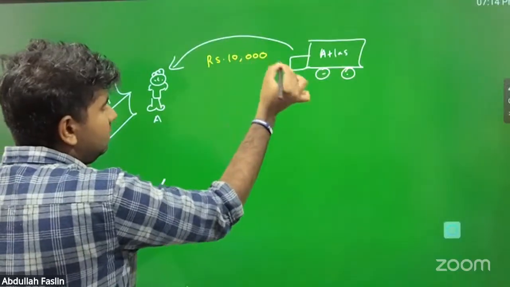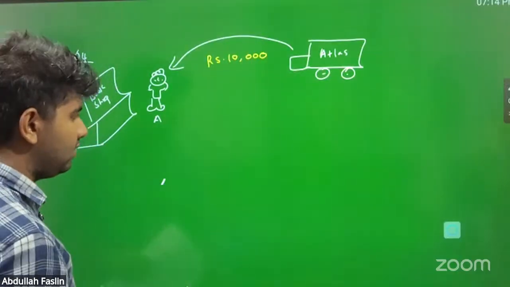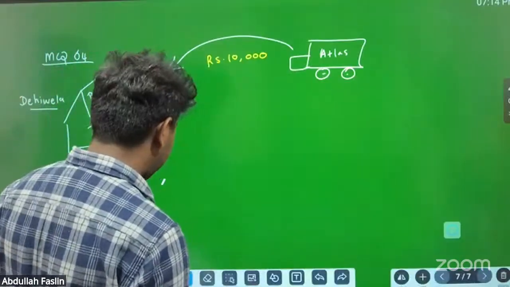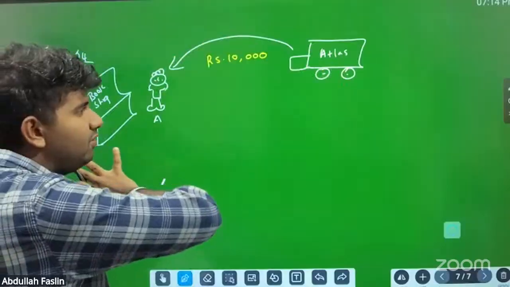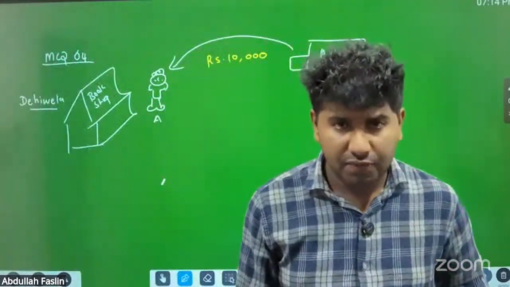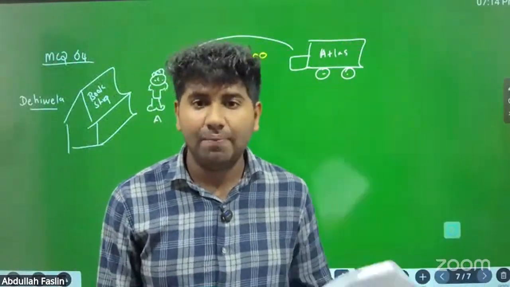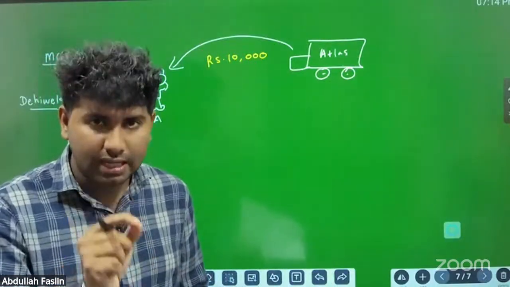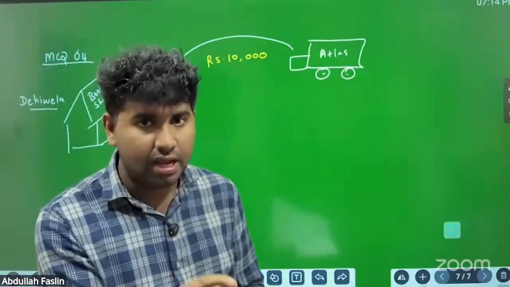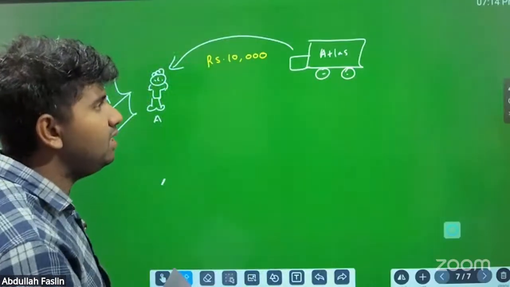This theory we still didn't do in the class, because that is the next lesson we are starting in our theory class. Now let's say from the Atlas company you have purchased 10,000 worth of items. You promise the Atlas company, not now, I will pay you after some time. Now the Atlas company puts a condition. Today is May 30th.